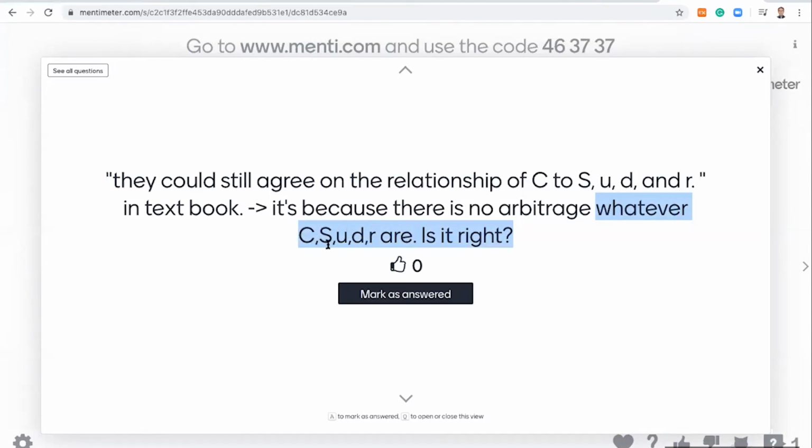But for this one, you have to think that the U and D and R have some special relationship.